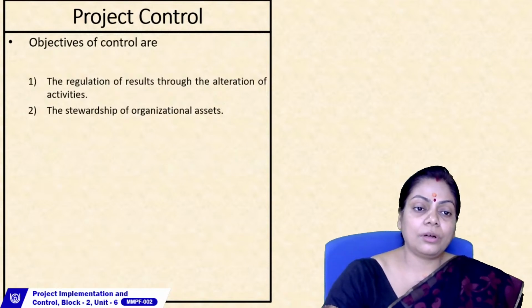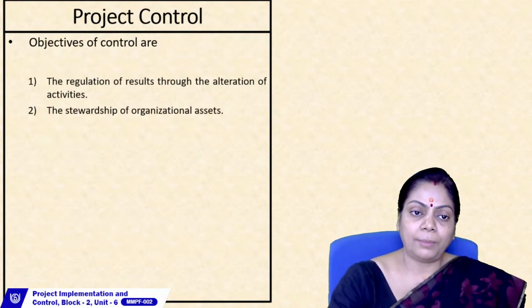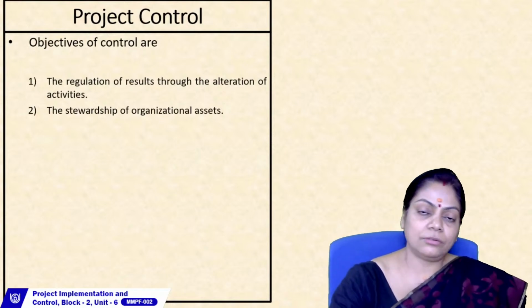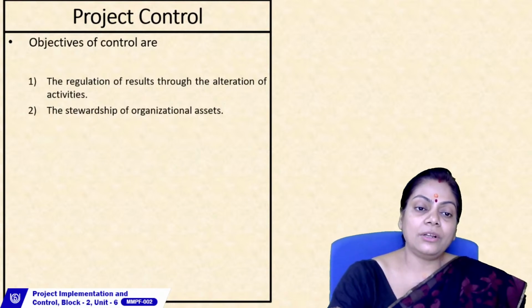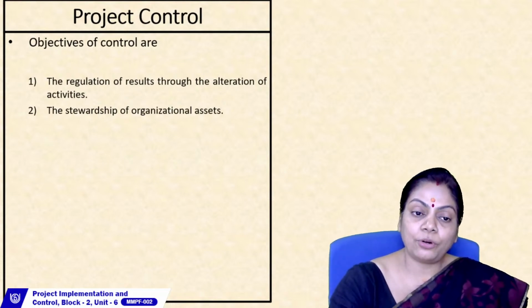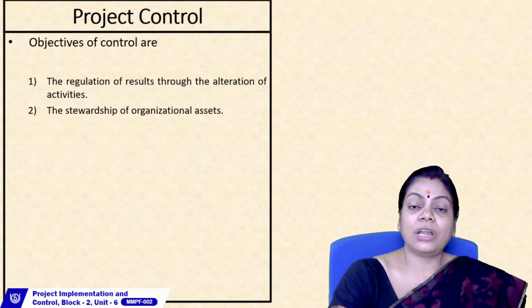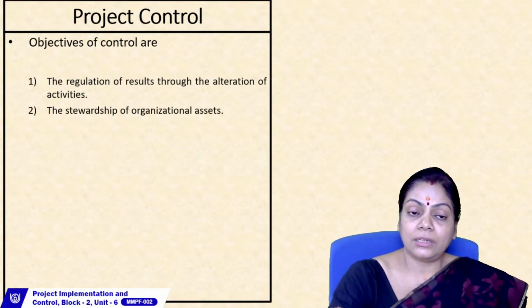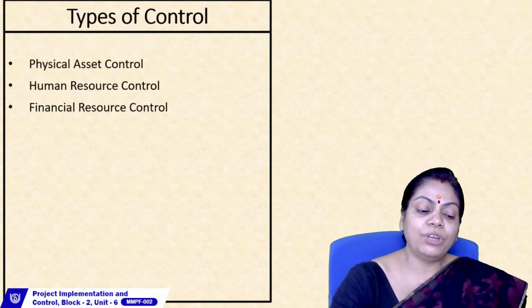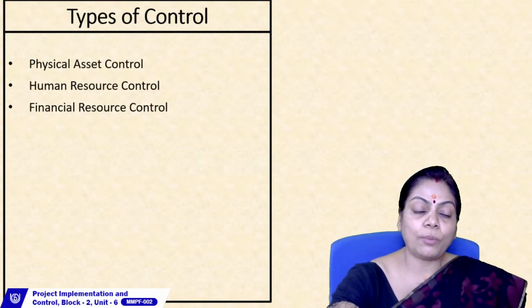Control is done with the objective of regulation of the results through alteration, and stewardship of your organizational goal, like how we are going to achieve that goal and how we are going to direct the organizational assets towards that goal is what project control aims at.